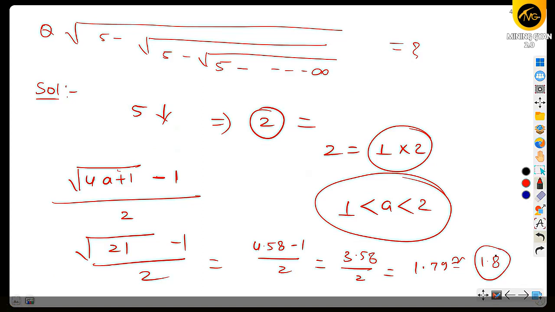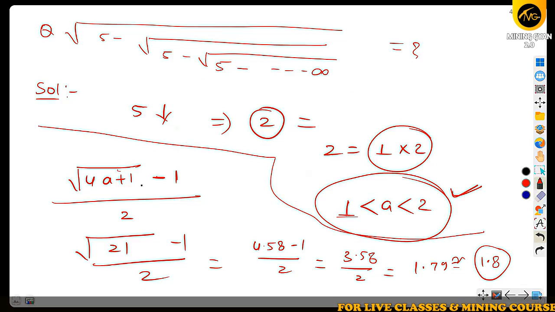So what is 1.8? It belongs to 1 less than a less than 2. It is less than 2 and bigger than 1. That means the exact answer is 1 less than a less than 2. So this is the shortcut method, and this one is the traditional method to find the answer. So just remember, if there is the plus sign, go to the bigger number than the given number.